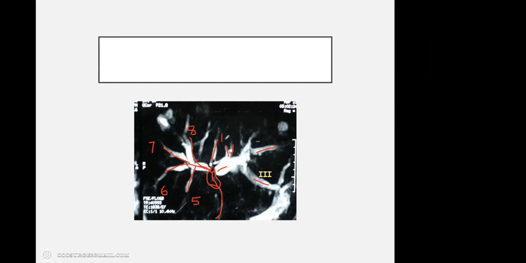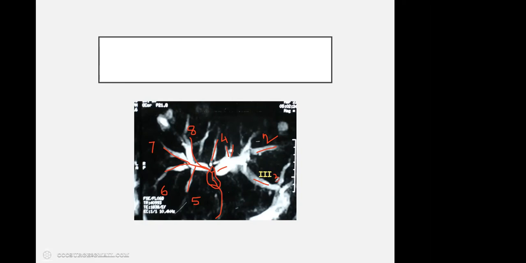Segment 4 has multiple individual ducts draining into the proximal left and right hepatic duct. This is segment 2 and this is segment 3. So is that clear? Anyone from the audience? Yes, very clear.